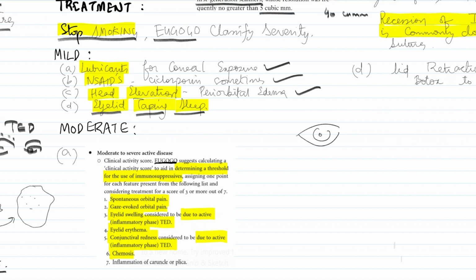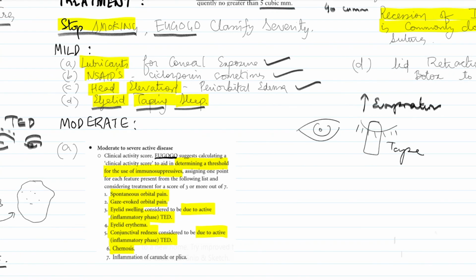When you physically close his eyes with tape, it covers the eyes overnight, there is no evaporation, and the patient gets good moisturization of the corneal and conjunctival surface, which might prevent development of ulcers.